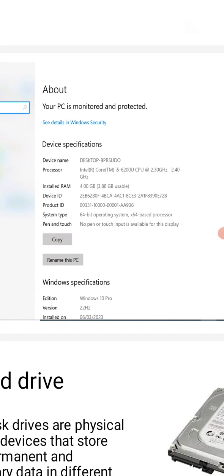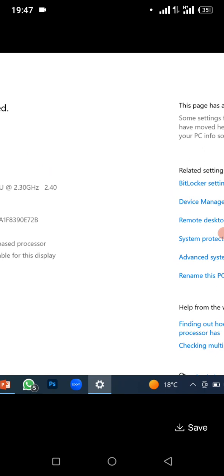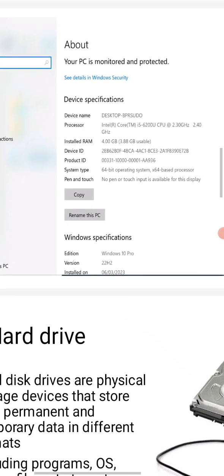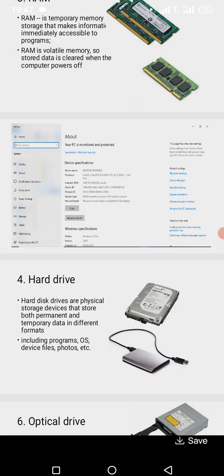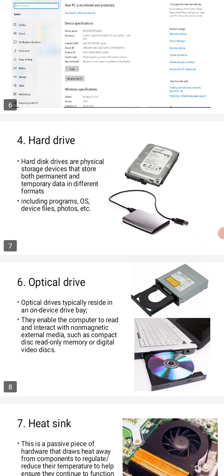The installed RAM is about 4 GB. So at least install about 4 GB of RAM, and 6 going up, on your PC. That will make your PC work perfectly. So that's all about the RAM and the processor. Quickly, let's go to the hard drive.